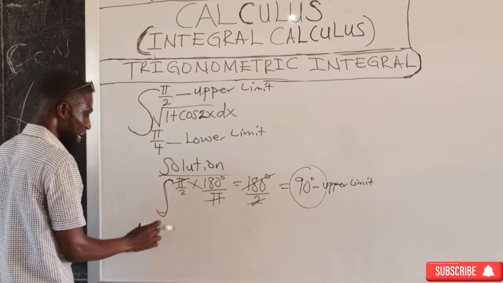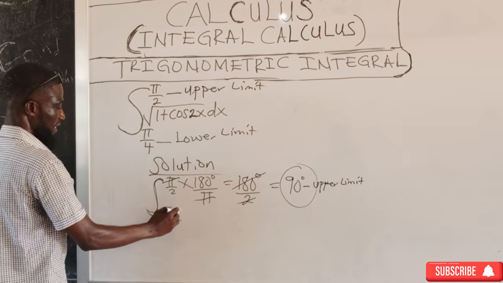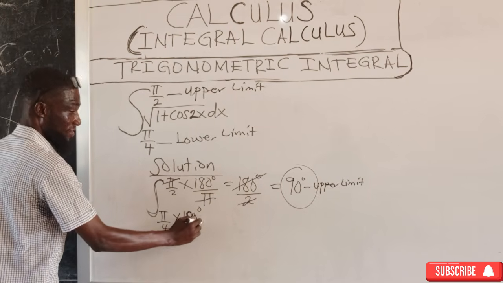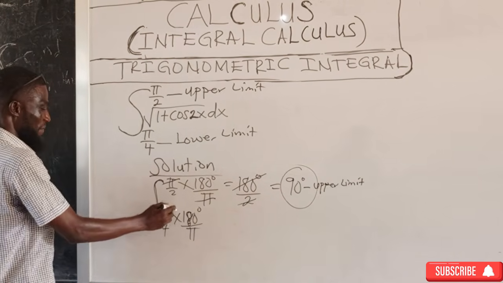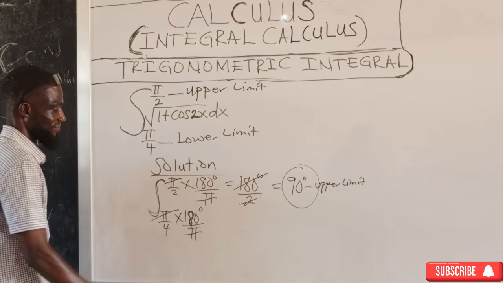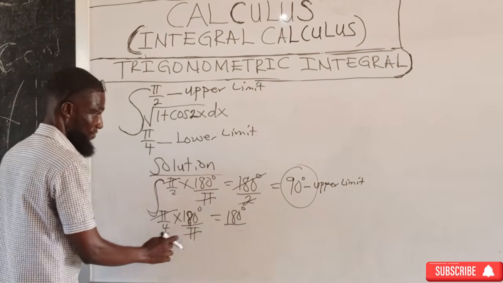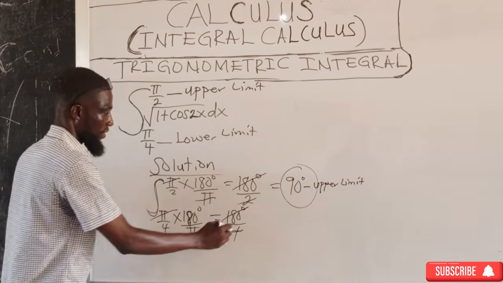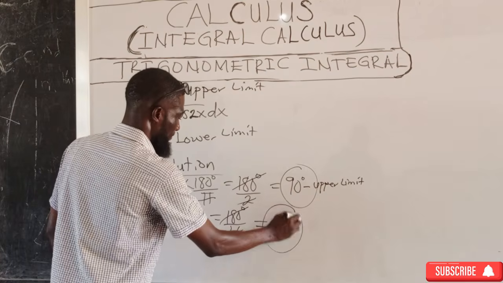The same thing applies to the lower limit. Pi over 4 times 180 degrees, all divided by pi. What happens? Pi and pi cancel. We are left with 180 degrees divided by 4. If we divide 180 degrees by 4, we have 45 degrees.